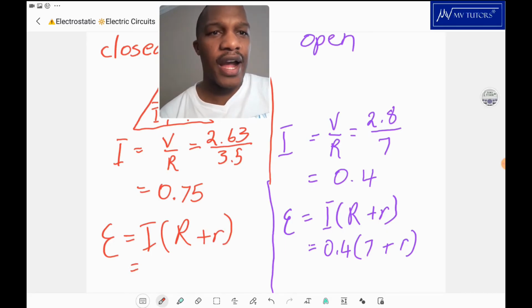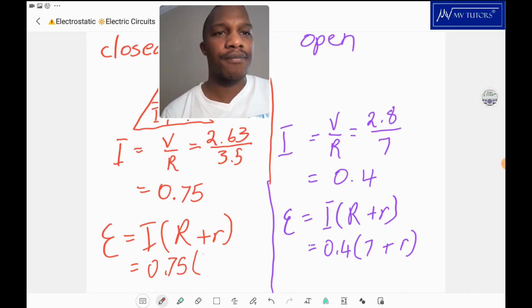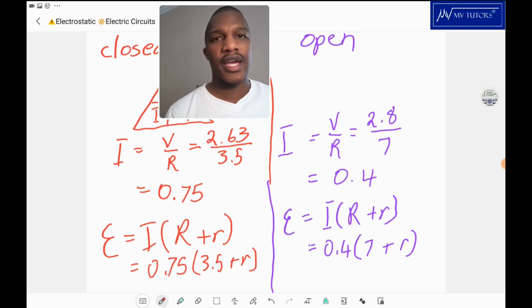Our I this side is 0.75, and our external resistance is 3.5, and then the internal resistance is the same, as well as the EMF. It's going to be the same.